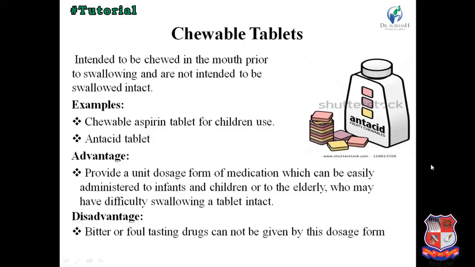Advantages of chewable tablets: they provide a unit dosage form of medication which can be easily administered to infants and children, or to elderly persons who may have difficulty swallowing a tablet. In that case we give chewable tablets. Disadvantage of chewable tablets is that bitter or foul tasting drugs can't be given by this route.